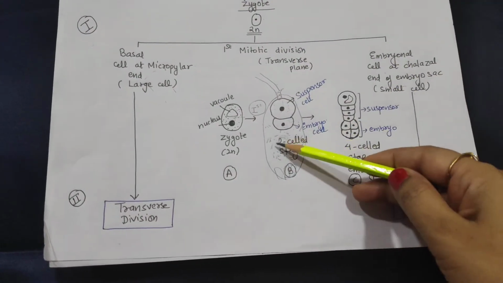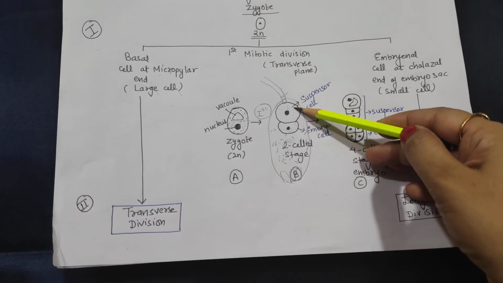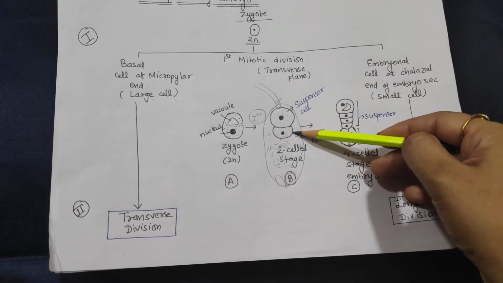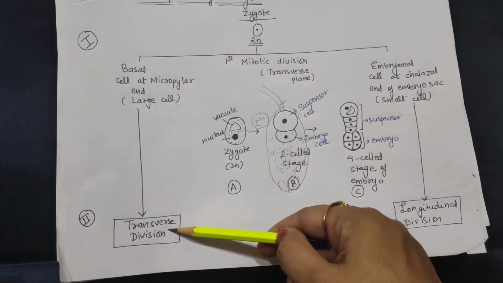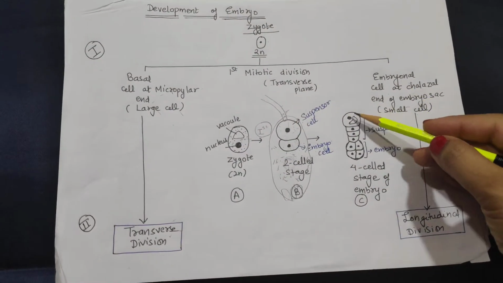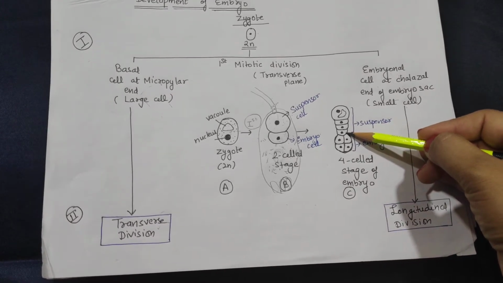Now further, divisions will continue in both cells, in the suspensor as well as in the embryonal cell. So the suspensor cell will undergo transverse division, and due to the transverse division I will get a 3 to 4 cell stage of suspensor.